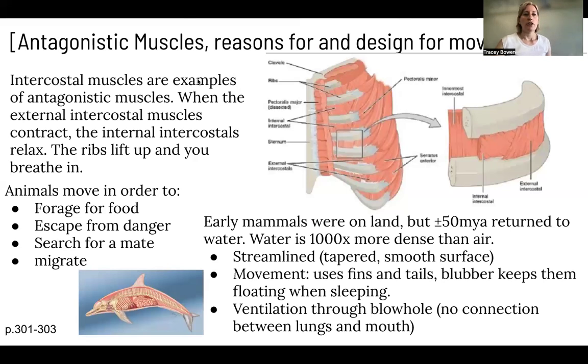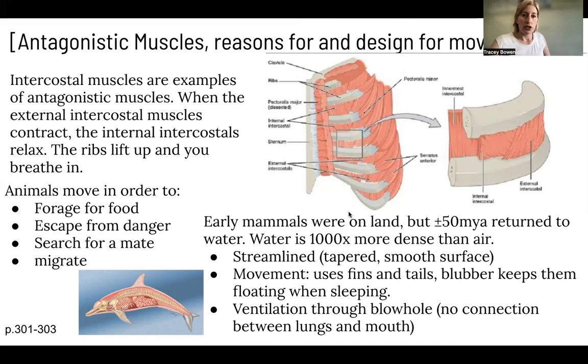So intercostal muscles are the muscles in your ribs or between your ribs, and they're examples of antagonistic muscles. And when the external intercostal muscles contract, the internal intercostals relax, and then your ribs lift up and you can breathe in. So here would be your externals and here are your internals, and they're working opposite one another.